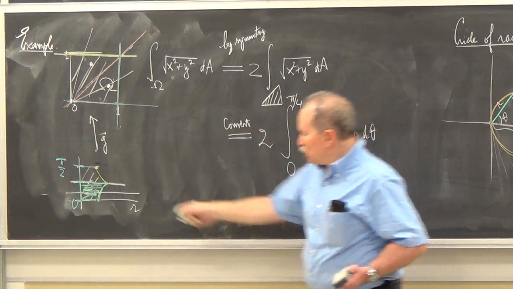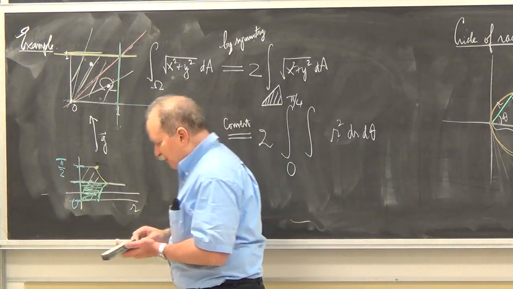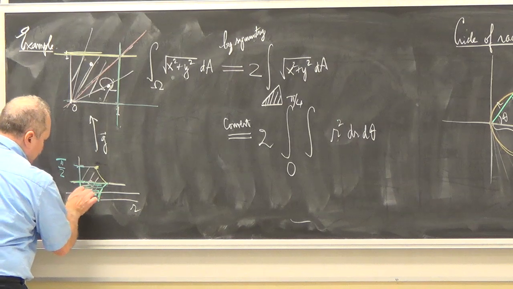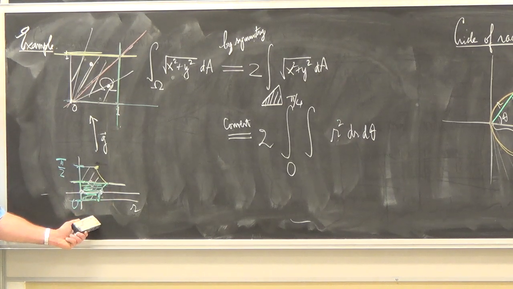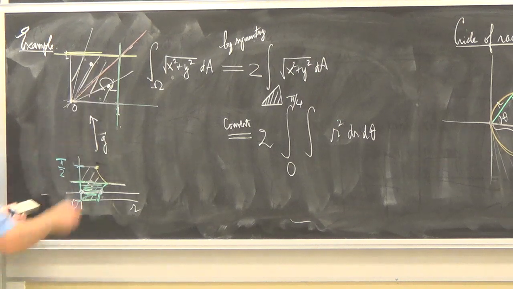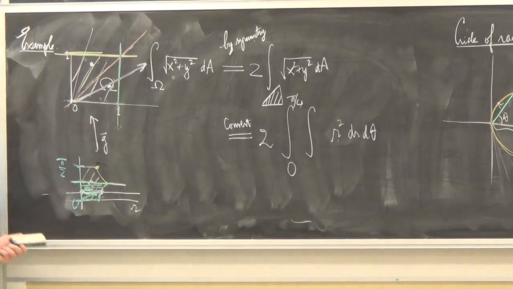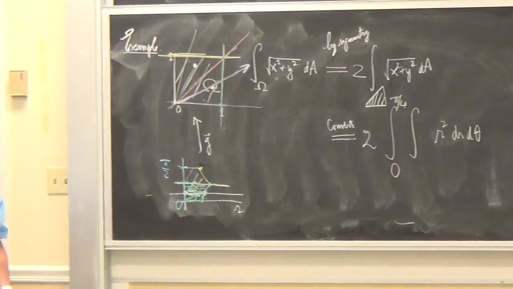So now you can draw that picture here, or if you feel safer, I want to make you do this a little bit, but eventually we're not going to want to be drawing 3D versions of this. We would rather just do it in this picture. For fixed theta, you shoot out a ray at constant theta, and you ask yourself, for what values of r am I in the region?